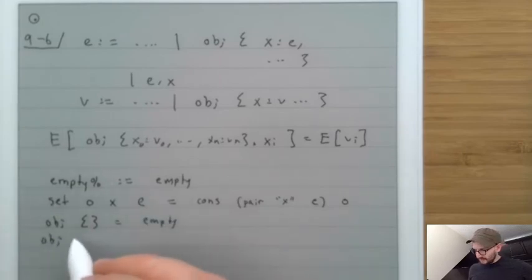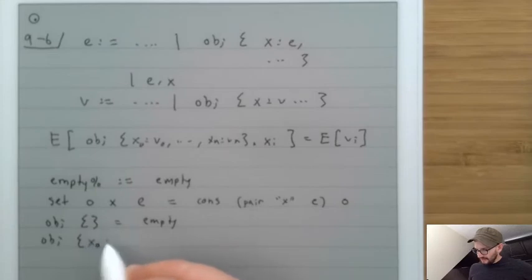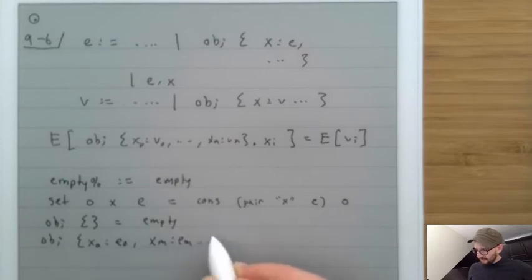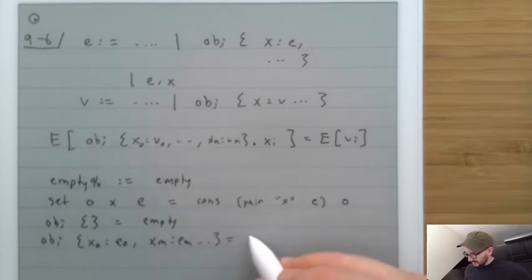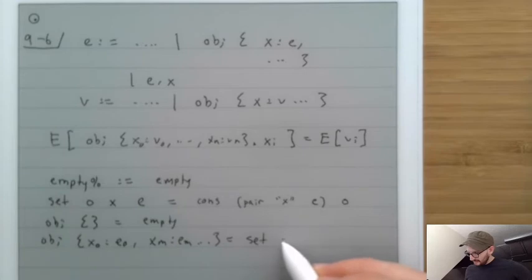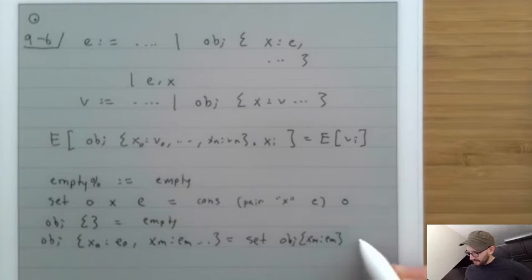Object of x0, e0, and then xm, em, and turn that into set object of xm, em to x0, e0.